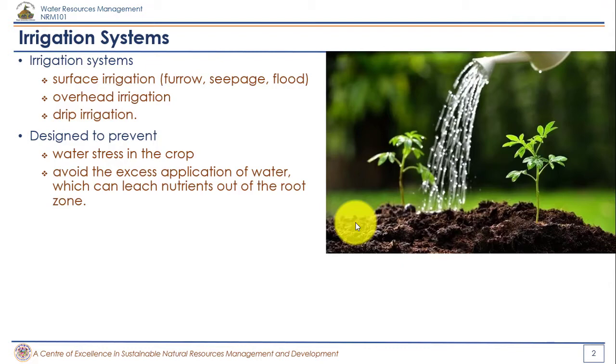So we do not want to cause a stress through limited amount of water in the soil for the plants, neither do we want to create an environment where we have got excess water in the soil. So these are the main 2 things that we need to consider before looking at the irrigation.